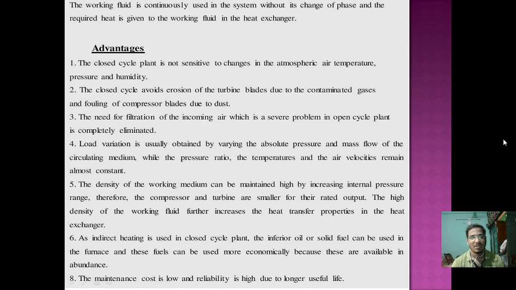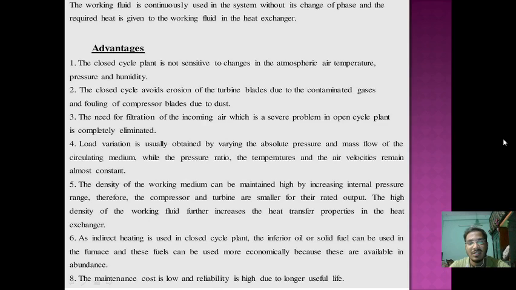Therefore the compressor and turbine are smaller for their rated output. Increasing the density of the working fluid also improves the heat transfer property in the heat exchanger. These are the advantages that come with using closed cycle plants.